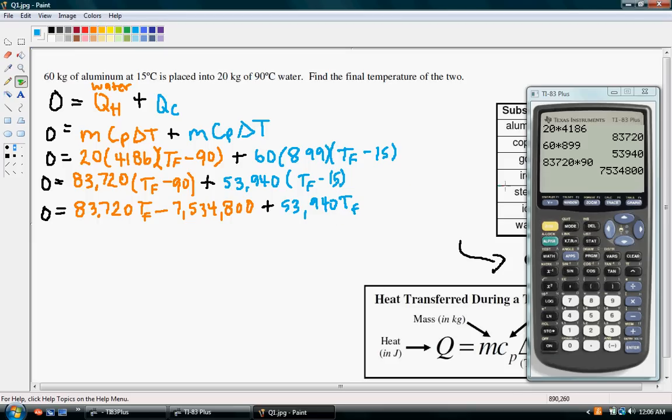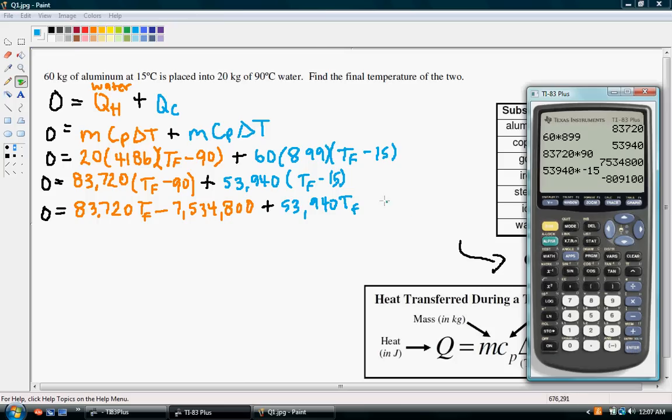In the last section I just multiplied this by 90, but you could say 53,940 times negative 15, and that's what you'll be writing. So 53,940 times negative 15, or minus 15. So you'll get minus 809,100.